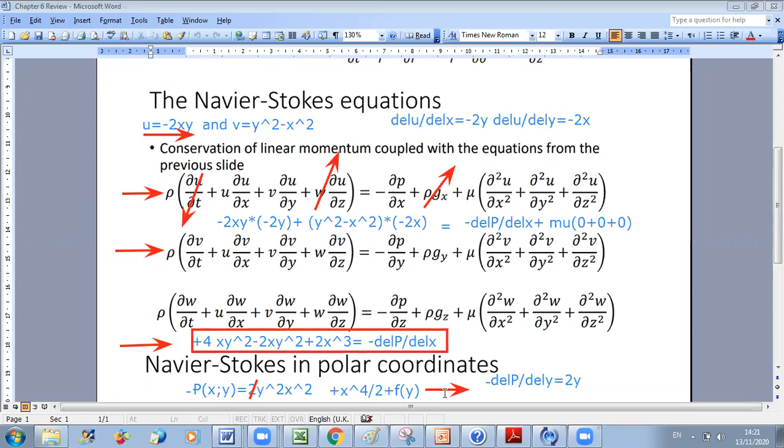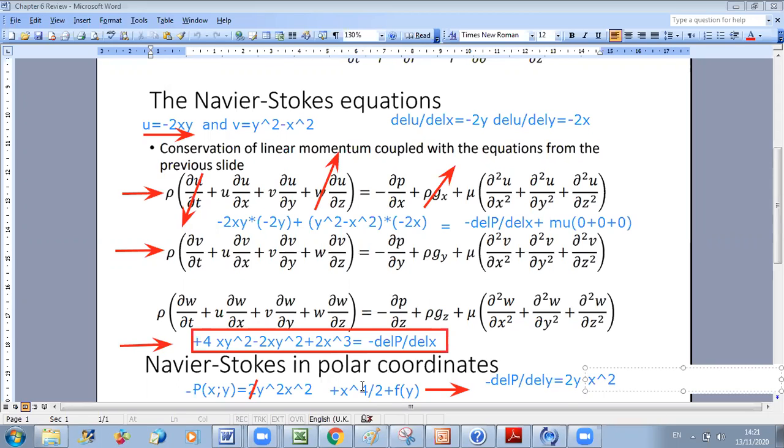Okay. Now to get, when I derive this relation with respect to y, to get an expression of minus del p by del y, what do I have? If I derive with respect to y, the first term will give me 2y times x squared because I treat x as a constant.